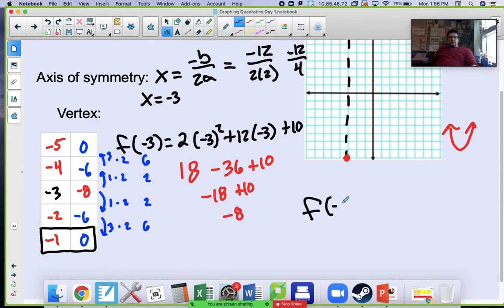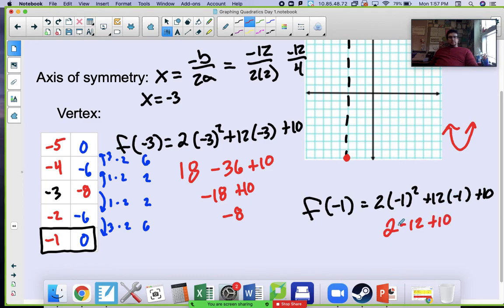Let's confirm that that worked by plugging in this one and just seeing what we get. So f of -1 is 2 times -1 squared, plus 12 times -1, plus 10. -1 squared is 1. 1 times 2 is 2. That is -12 in the middle, plus 10. 2 minus 12, -10. -10 plus 10, 0, exactly what we see.